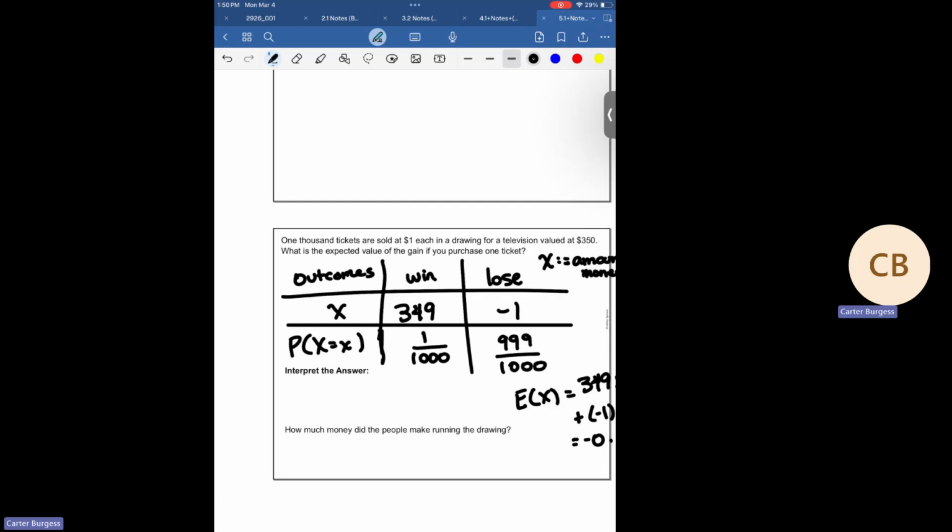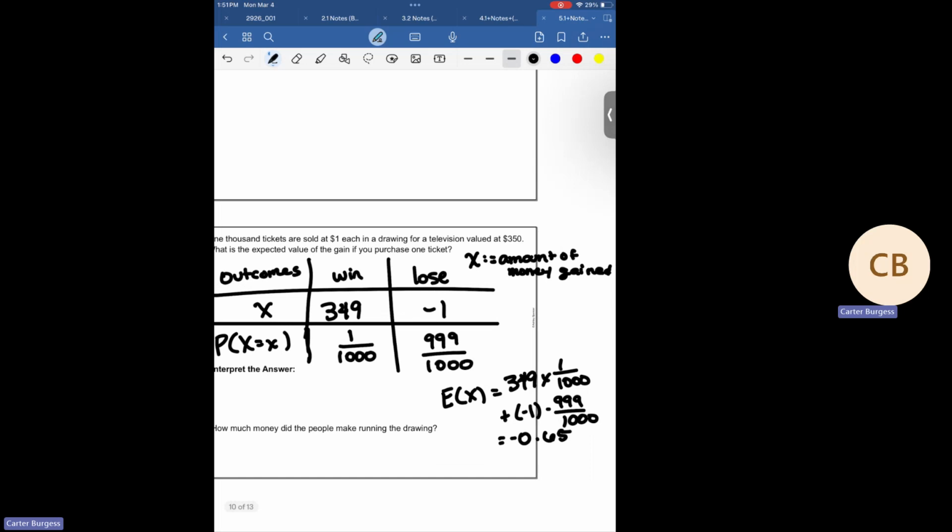So Merrick makes a really good point here. If 1,000 people buy the tickets, and we look at one person's winnings or losings, is anyone that we're going to look at actually going to have a value of -0.65 for what they have earned?